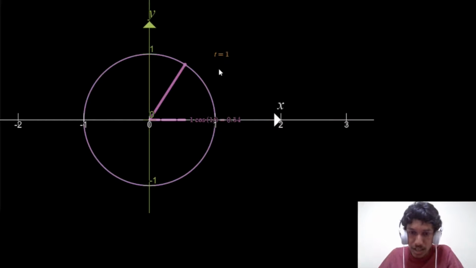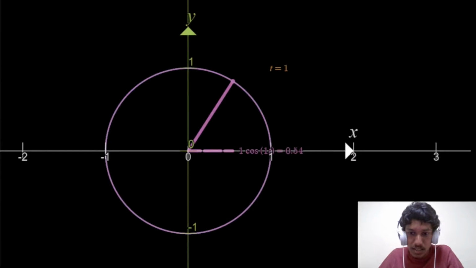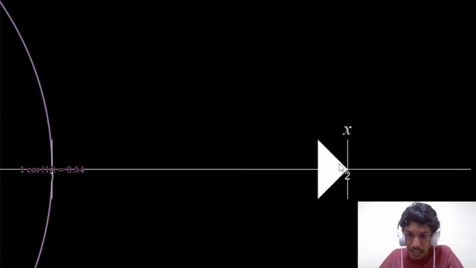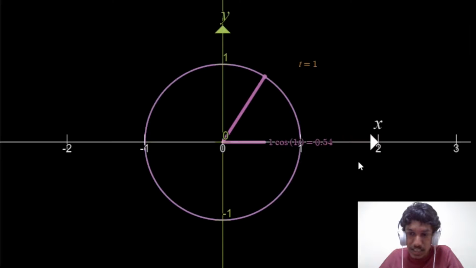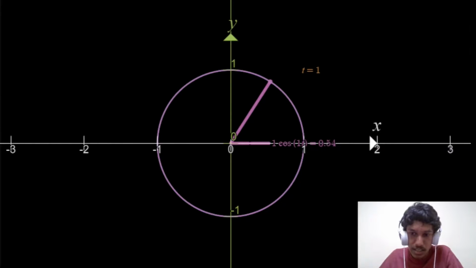So here, let's introduce you to this simulation we've got here. This is actually a Desmos simulation. I will link the Desmos link in the description if you want to play around with it yourself. So we've got the x-axis in white, and this white arrow is indicating the positive direction of the x-axis.